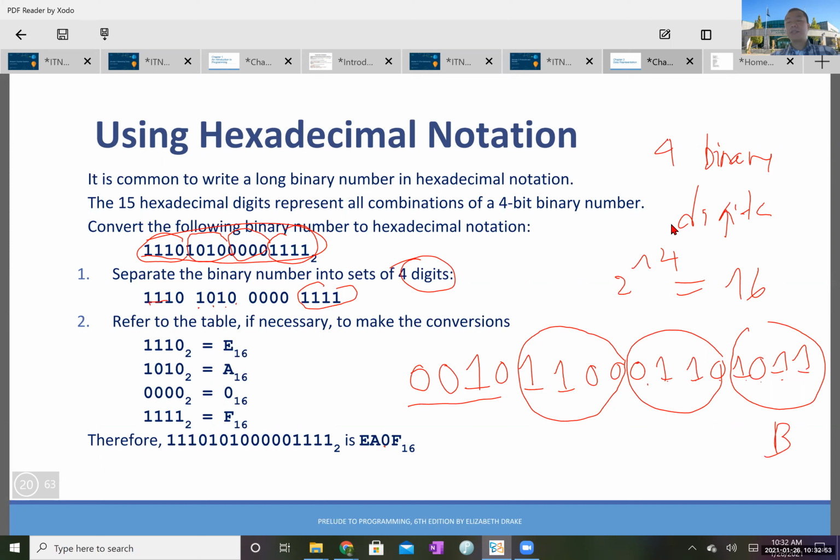For this one, I have the 6 here. This one, 8 and 4, I have 12. So I have a C here, and this one I have 2 here. So when you convert 1, 0, 1, 1, 0, 0, 0, 1, 1, 0, 1, 0, 1, 1 to hexadecimal, you have 2, C, 6, and B here.